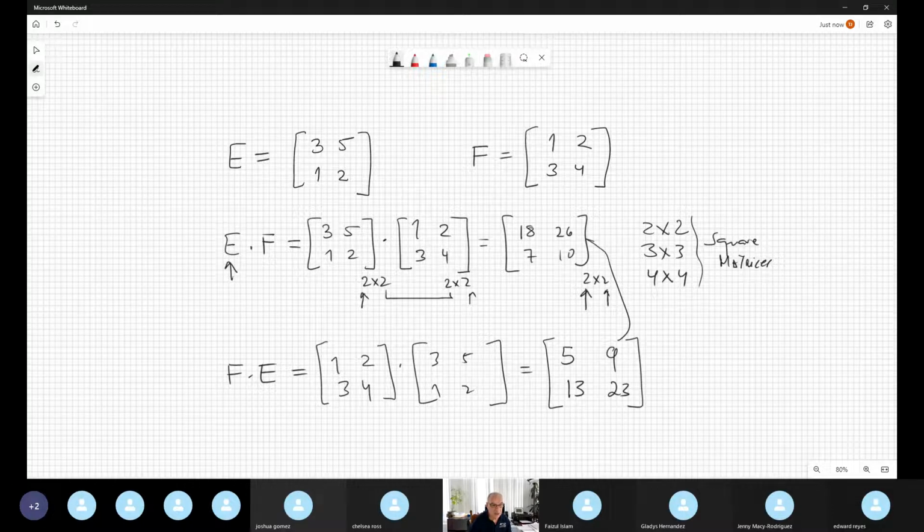In this case, E post-multiplies. This is post-multiply, and this is pre-multiply. And this is important. When you are doing the operation, you see the pre-multiply or post-multiply. Do you follow me? Do you understand the thing I try to explain? Or no?